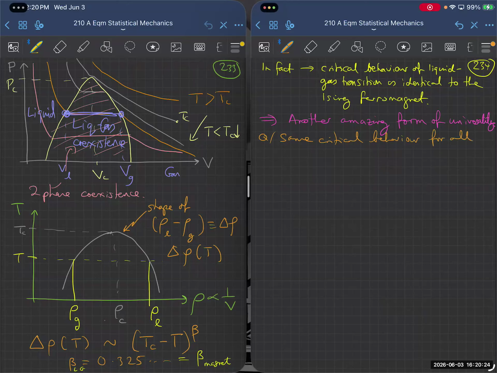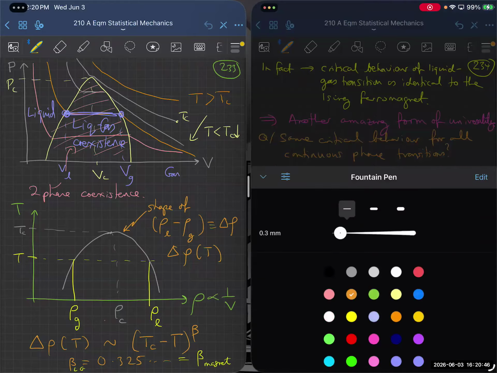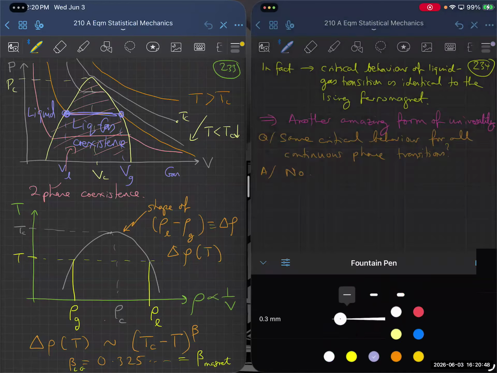Is it the same critical behavior for all phase transitions? So the answer is definitely not. No. So then you say, okay, fine, this is getting kind of annoying.